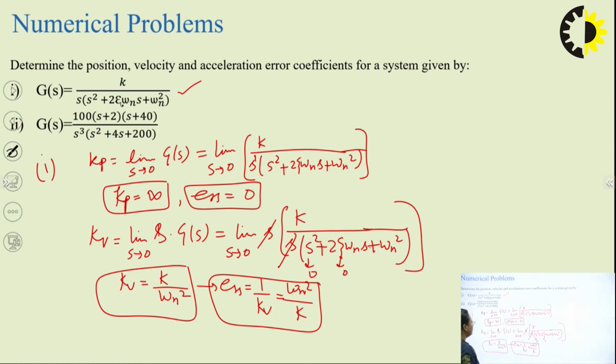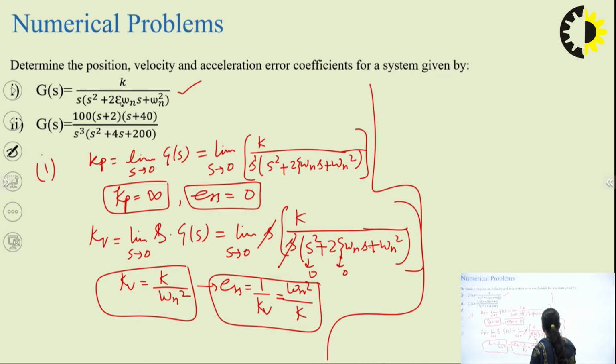Similarly, you can calculate the value of Ka. Ka will be equal to limit s tends to 0 of s square into G(s).